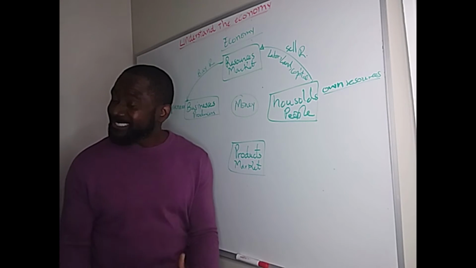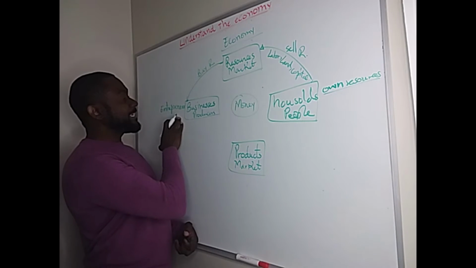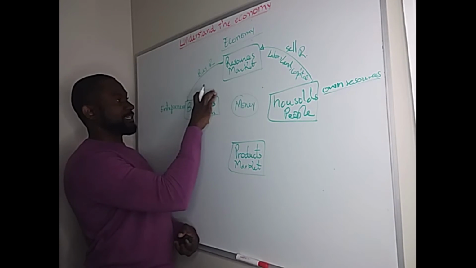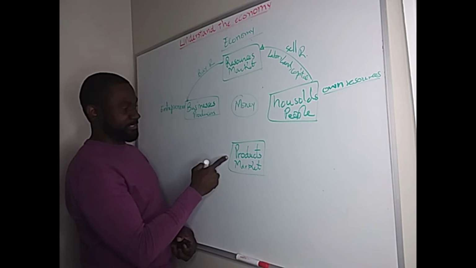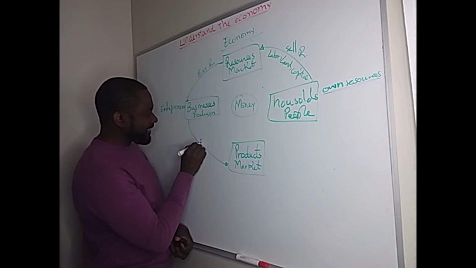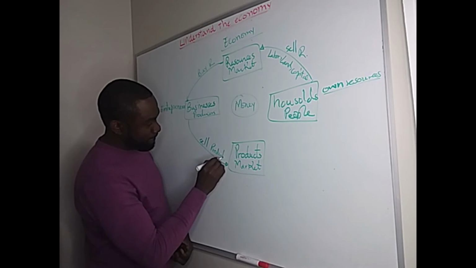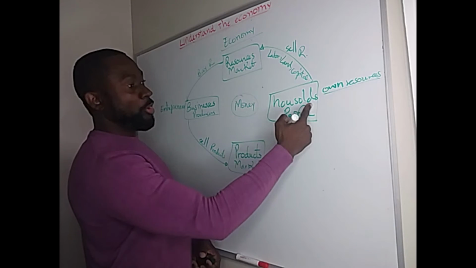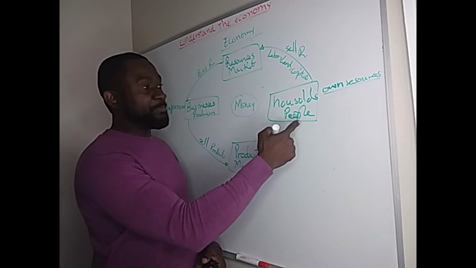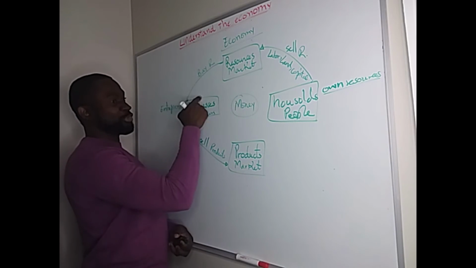If we understand that, what happens now? Once the businesses get the resources, they create a product. They go to the product market to sell the product. People sell the resources, and businesses buy resources.